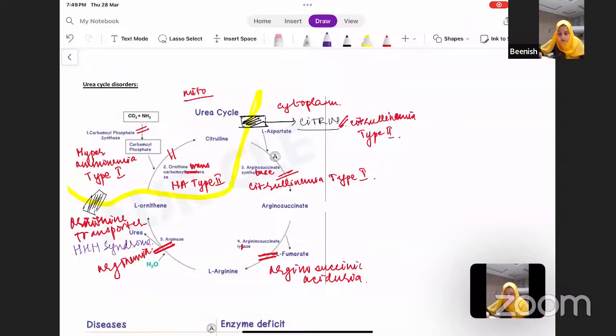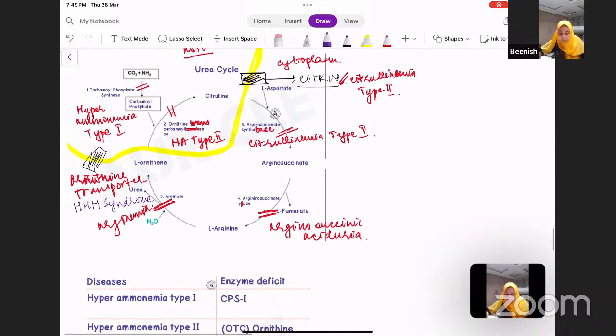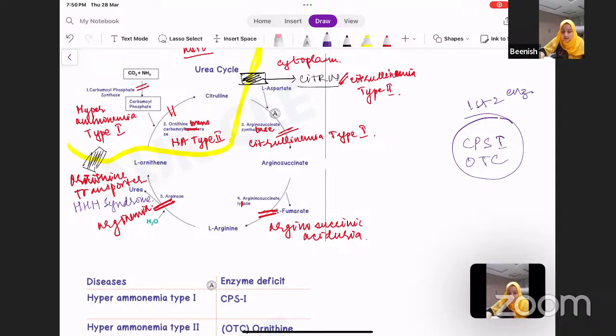Now, if the defect is in the first two enzymes, that is carbamoyl phosphate synthetase or ornithine transcarbamylase, that is CPS1 or OTC, then what is accumulating?